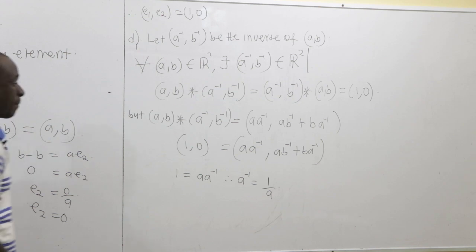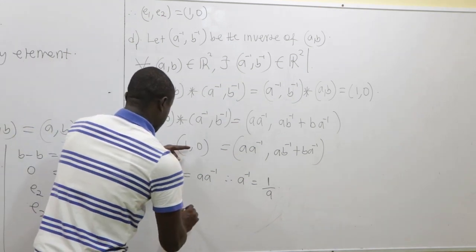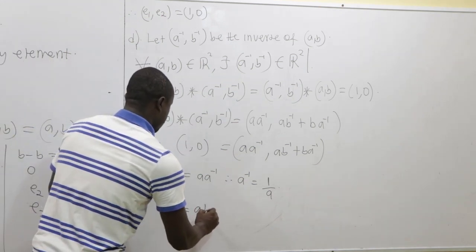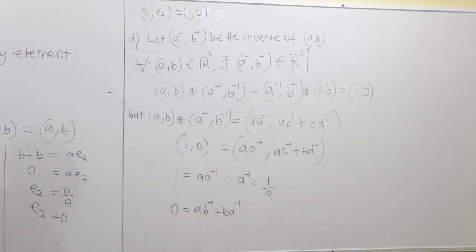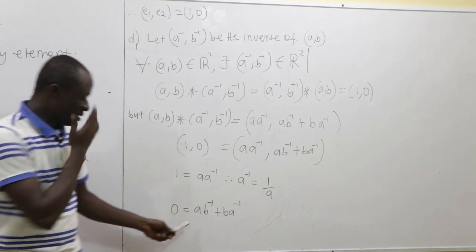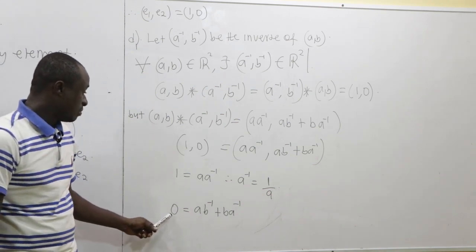Now the second element, we know 0 is equal to A times B inverse plus B times A inverse. I want to find B inverse.